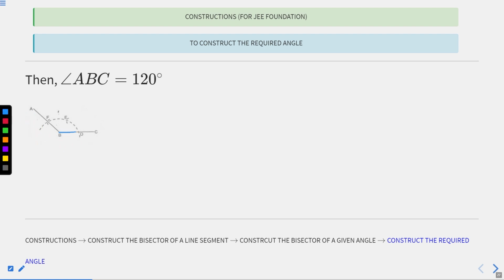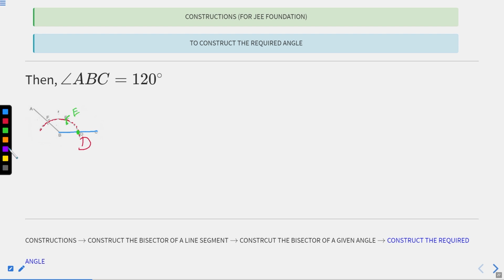So here BC, the first arc like this cuts at point D, and with the same radius, and the center now at D, we mark E here.